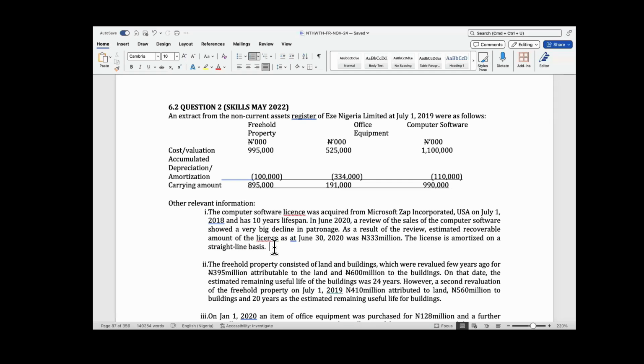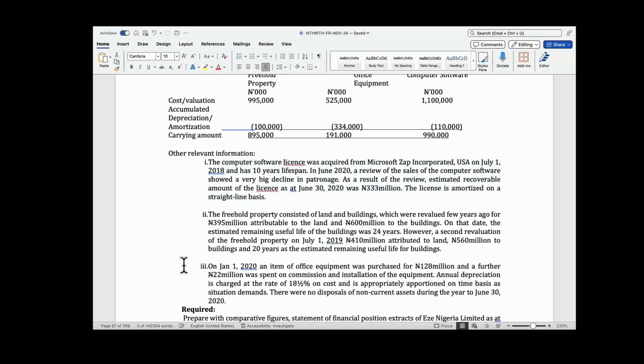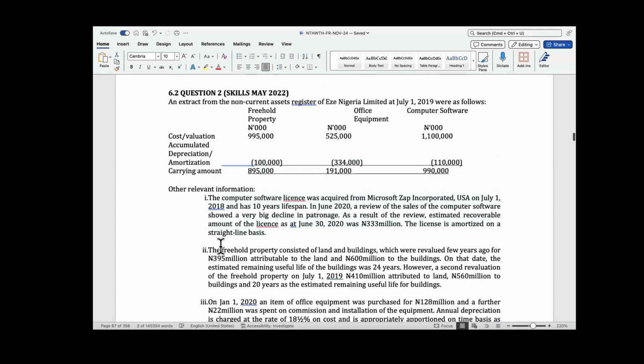Okay, you see, for the fact that I've read the requirement of this question, things are a bit easier for me to understand. Number one is that I know that the year end of this company, when they want me to prepare this account, is June 30th, 2020. So immediately, when I saw that they gave me this schedule in June 2019, I know that, okay, these are figures at the beginning of the year.